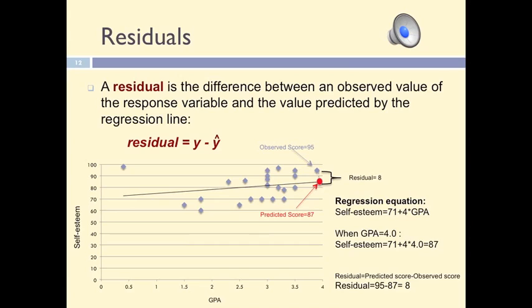When the relationship between the two variables is strong, the residuals are small because the data points are clustered around the regression line. For the points that are located above the line, residuals are positive. For the data points located below the line, residuals are negative. And the mean of all residuals is always equal to 0.